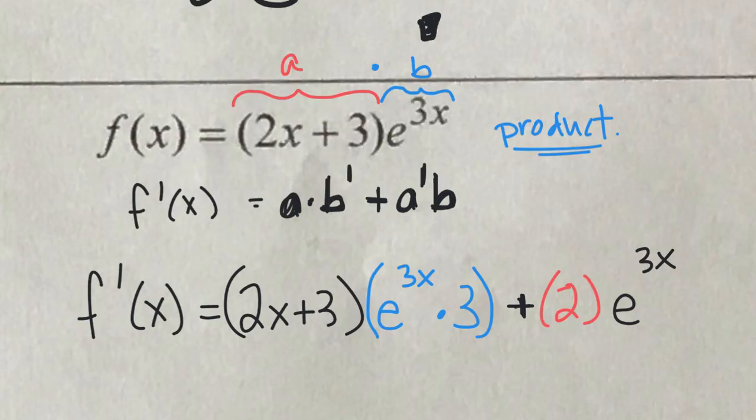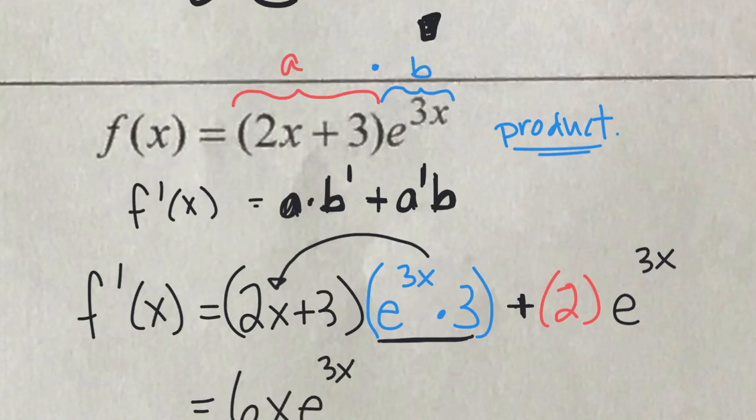Okay, so let's do some simplifying here. Remember, this is one thing, 3e to the 3x. So if I multiply that by this, right, that gives me 6x e to the 3x. And if I multiply that by this, I get 9e to the 3x. And then how many do I have here? Well, that's just 2e to the 3x's.